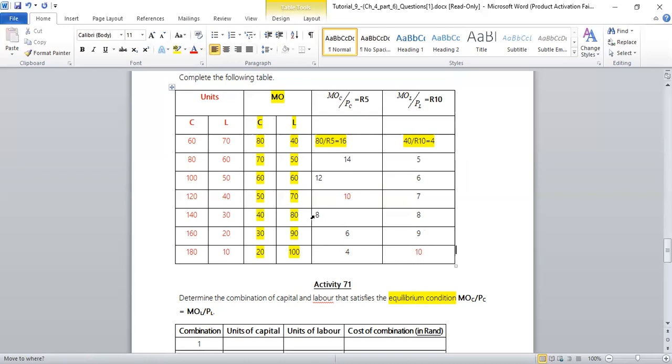Then even here, 8 appears here and here. I have also found another equilibrium, another point where my capital is equal to labor. Let me highlight it. Then number 6. Yes, I have 6 here and 6 here. I found another equilibrium.